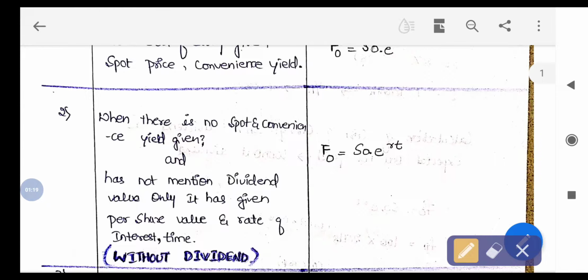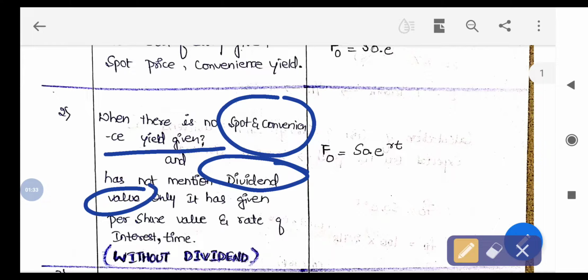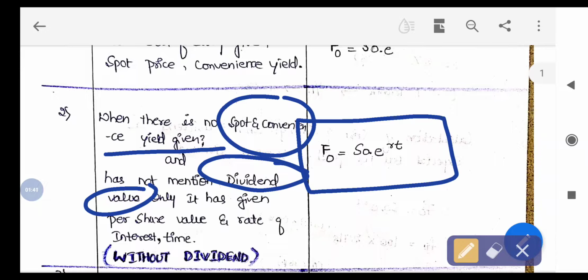Next is when there is no spot price or convenience yield given. In that situation which formula should we use, and also they have not mentioned the dividend value? In that case this formula will be used, as there is no spot price and convenience yield.